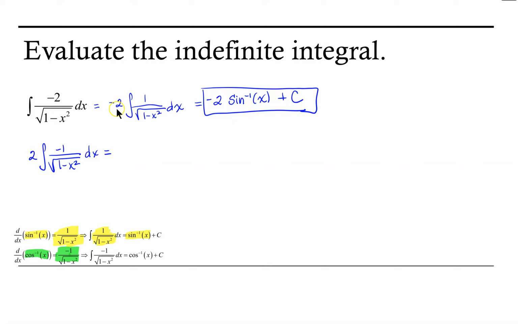Its derivative is -1 over the square root of 1 minus x squared. So if I had the antiderivative of -1 over the square root of 1 minus x squared, that should be the arc cosine of x. So I could write this as 2 times the arc cosine of x plus c. Both are valid antiderivatives.